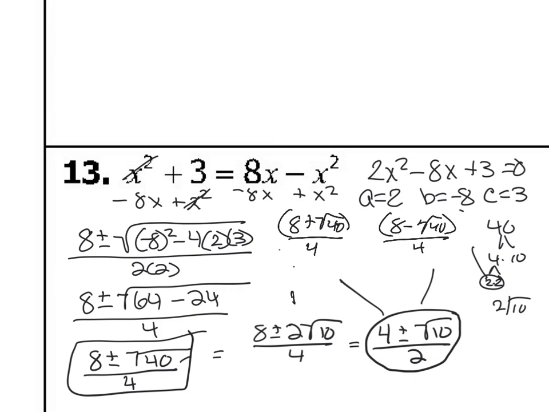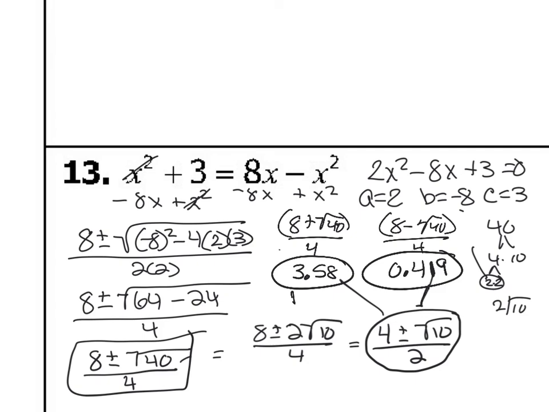So that would give me 3.58. And then I can do parentheses 8 minus square root of 40 divided by 4. And that would give me 0.4188, so just round it to 9.